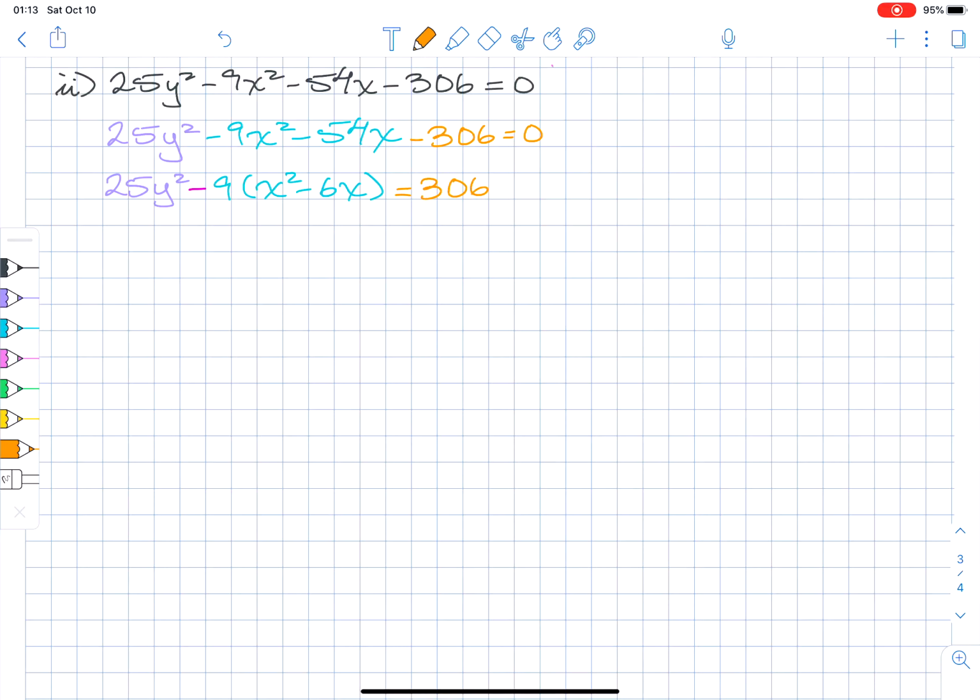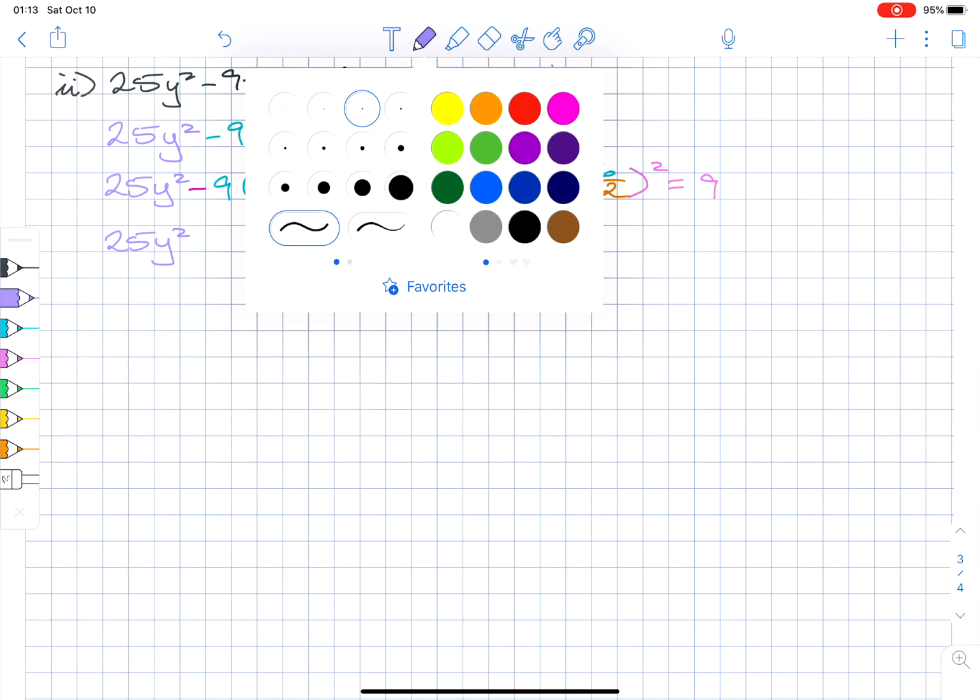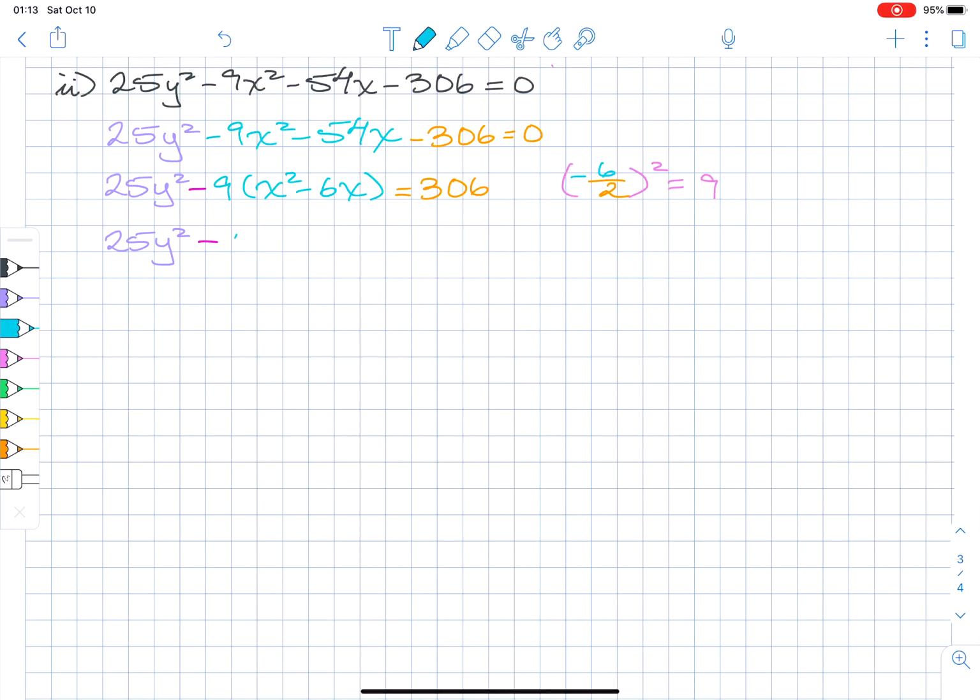So now I'm going to take the linear coefficient of the blue, divide it by 2 and square it, so 3 squared is 9. So inside the parenthetical, I'm going to add 9. So 25y squared minus 9 times the quantity x squared minus 6x plus 9. Whatever I add in, I have to subtract out.